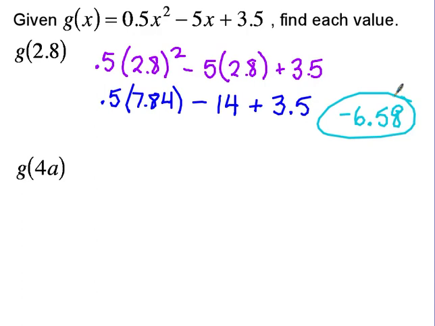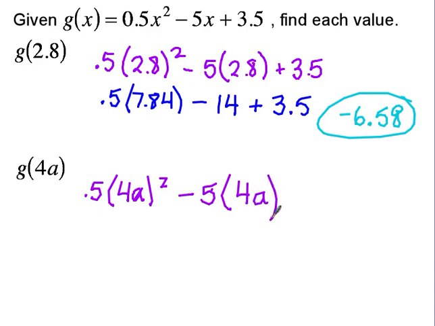And last but not least, g of 4a. What you're going to do is do the exact same thing. You're going to plug it in. So I've got 0.5 times 4a quantity squared, minus 5 times 4a, and then plus 3.5. Okay, so let's go ahead and start with the 4 squared.